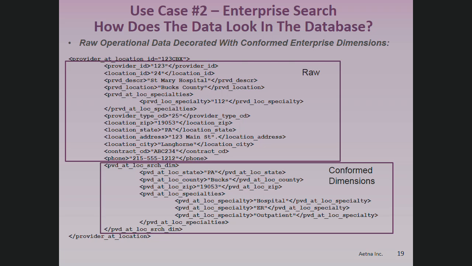See the provider raw data that is here. And then below it is how we conform the data. So we're semantically enriching the data with conformance. This enhances the searchability. So this is another use case where you can say that the raw data is decorated by the conformed data.